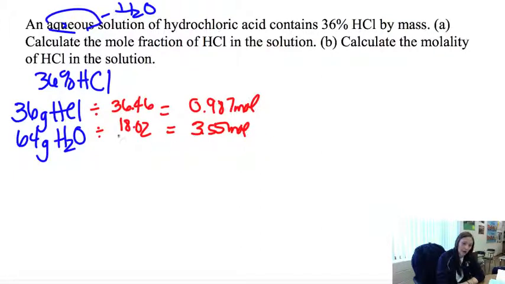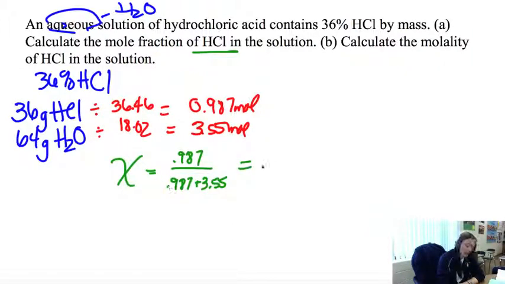My mole fraction is going to be, and it wants the mole fraction of HCl, so I put the HCl on top, which is 0.987, divided by my total, which is the two added together, and we get a mole fraction of 0.22, or about 22% of the solution in terms of moles. Not grams, moles.